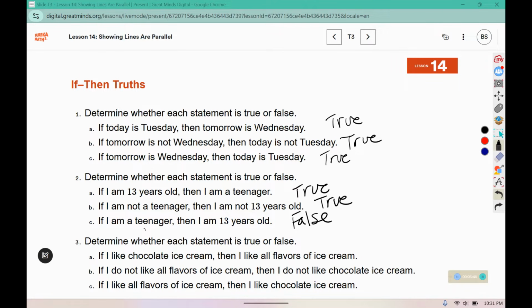If I like chocolate ice cream, then I like all flavors of ice cream. Not necessarily. If I do not like all flavors of ice cream, then I do not like chocolate ice cream. Well, chocolate is a flavor, and if you don't like all flavors, then you don't like chocolate?